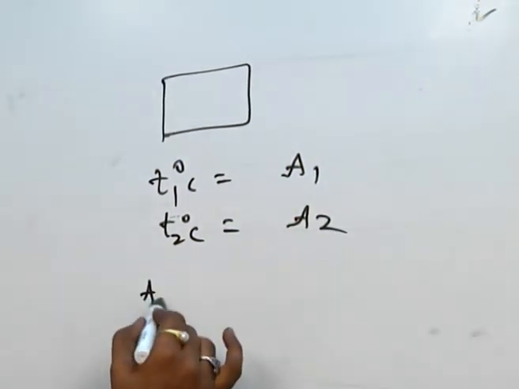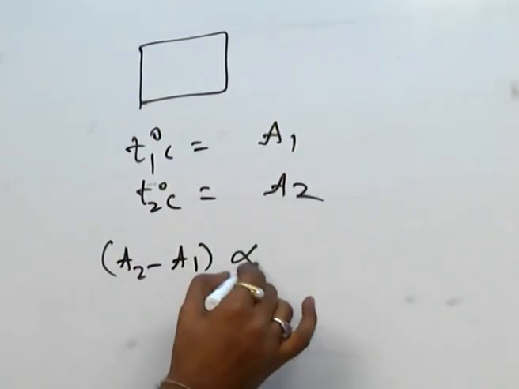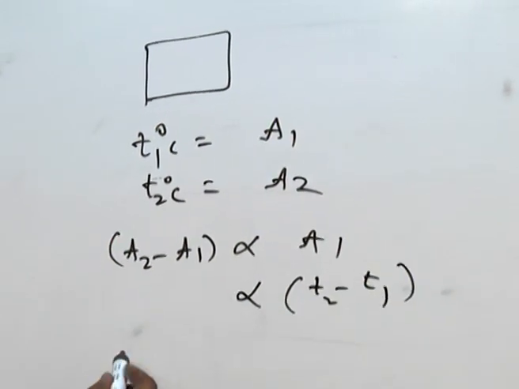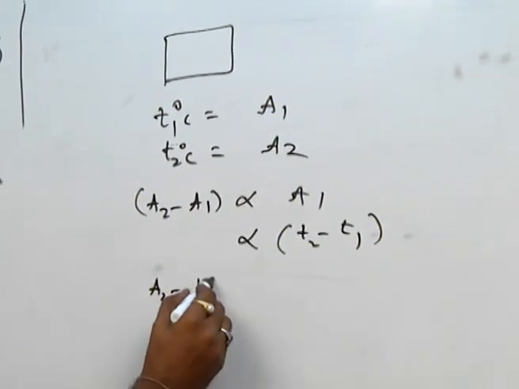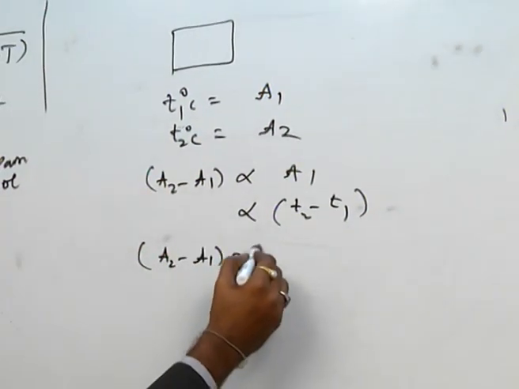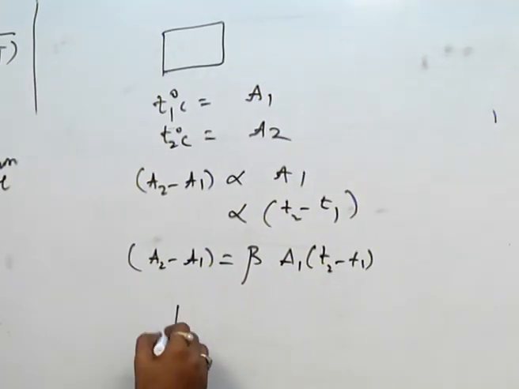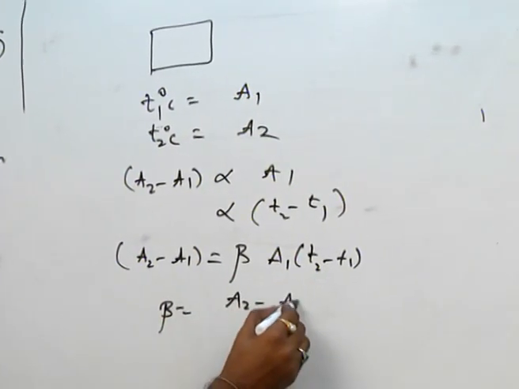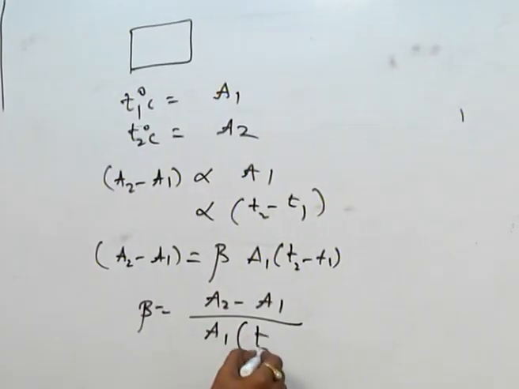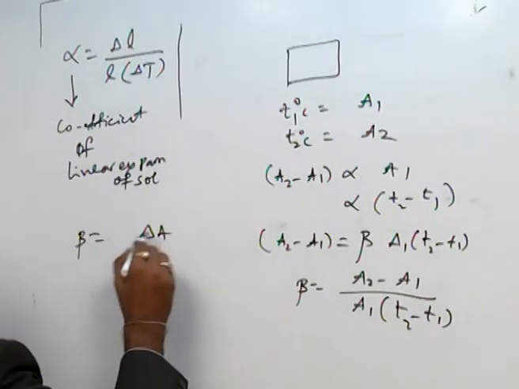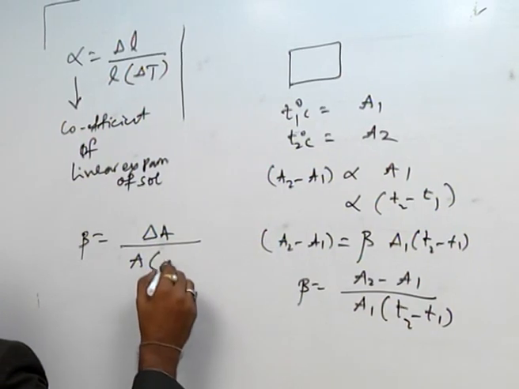The change in area, A2 minus A1, is directly proportional to A1, and again directly proportional to T2 minus T1. So A2 minus A1 is equal to one constant, which we call beta, into A1 into T2 minus T1. So beta is equal to A2 minus A1 by A1 into T2 minus T1, that is, beta is equal to delta A by A into delta T.